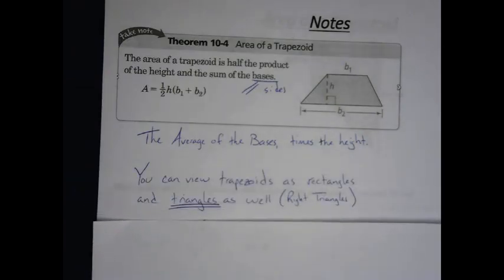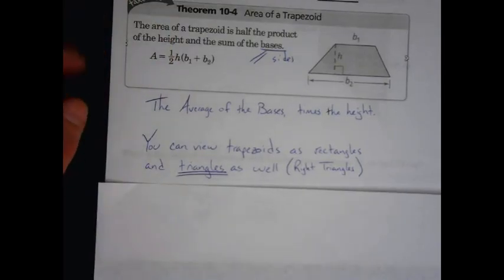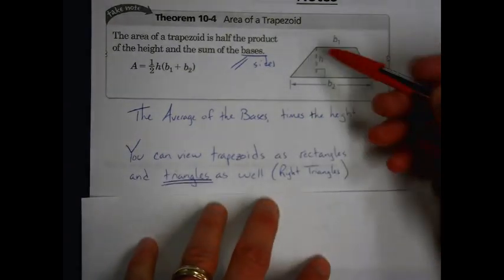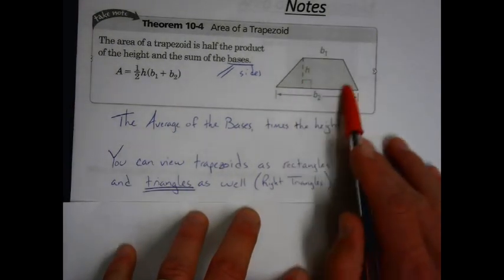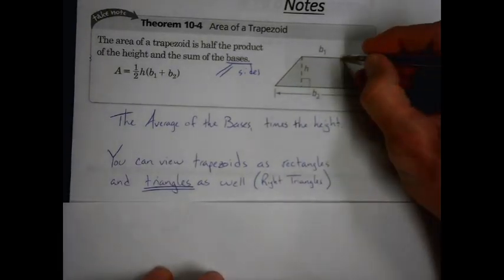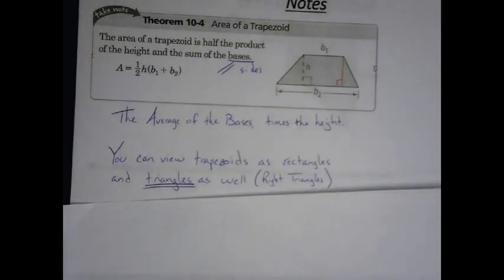Now, you can also view trapezoids as rectangles and right triangles. That's helpful because it can start getting into some interesting stuff when we start talking about measurements. So we have our trapezoid, which can be split up into rectangles and right triangles. Now, whoop-de-doo, Mr. Katz.